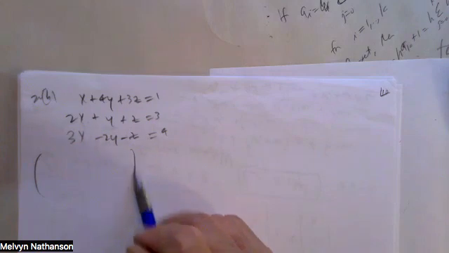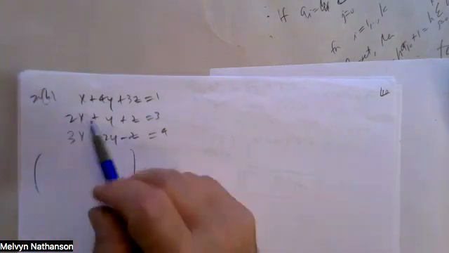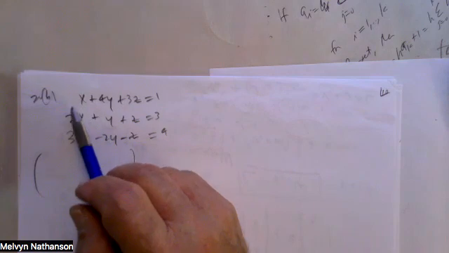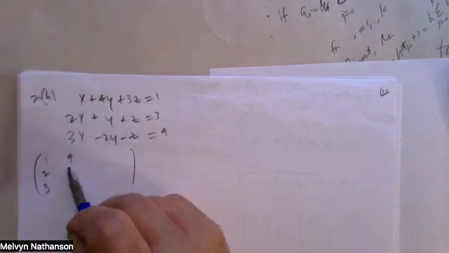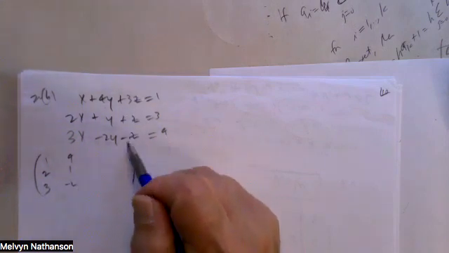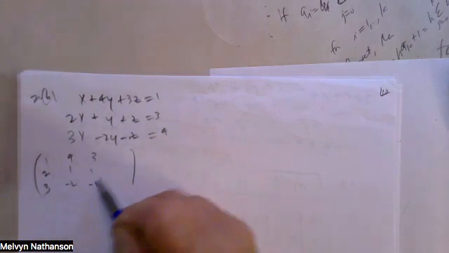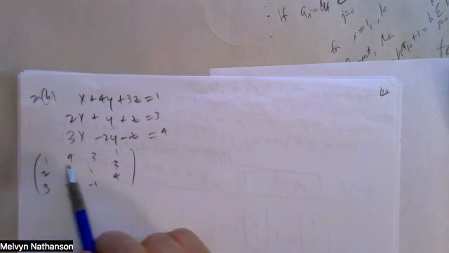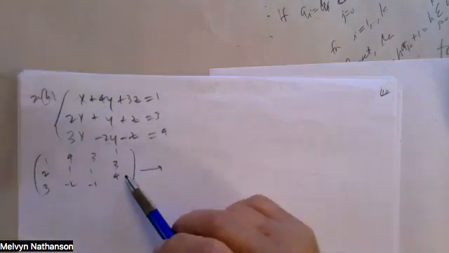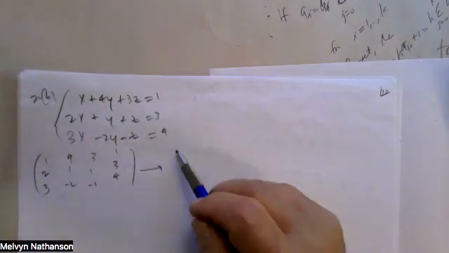So the augmented matrix that corresponds to the system of equations: the first column is 1, 2, 3. The second column is 4, 1, minus 2. The third column is 3, 1, minus 1. And the last column is 1, 3, 4. So if I wrote this down correctly: 1, 4, 3, 1; 2, 1, 1, 3; 3, minus 2, minus 1, 4. And we want to solve the system of equations by putting this matrix in reduced row echelon form.